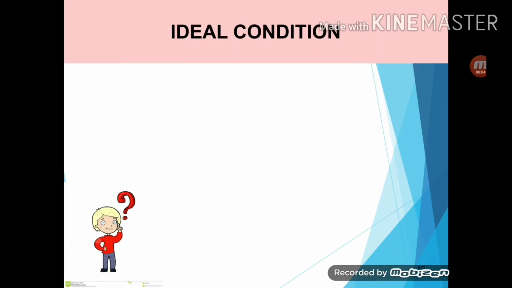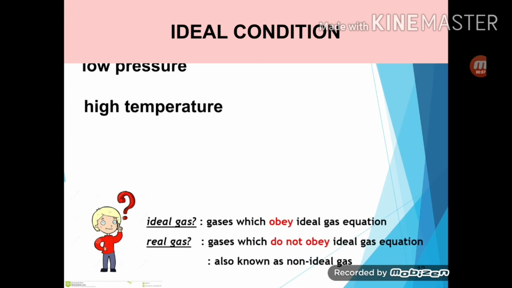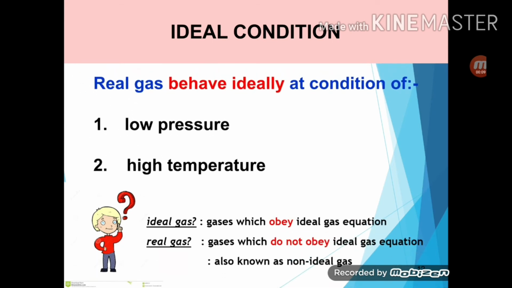Ideal condition. Real gas behaves ideally at conditions of low pressure and high temperature. But why only at this condition does real gas behave ideally? Now, let's recall kinetic molecular theory, because kinetic molecular theory describes the behavior of the ideal gas.